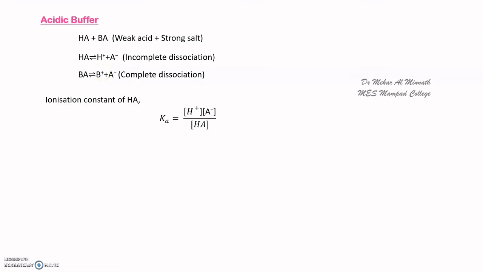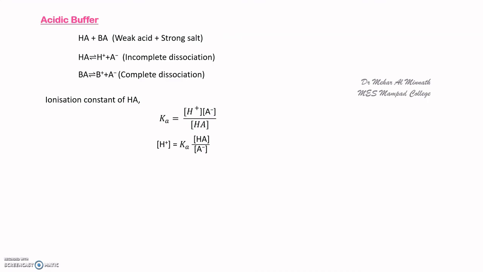Now we can rearrange this and take the concentration of H plus to the left hand side. We get the expression like this: concentration of H plus equal to Ka into concentration of HA by concentration of A minus.